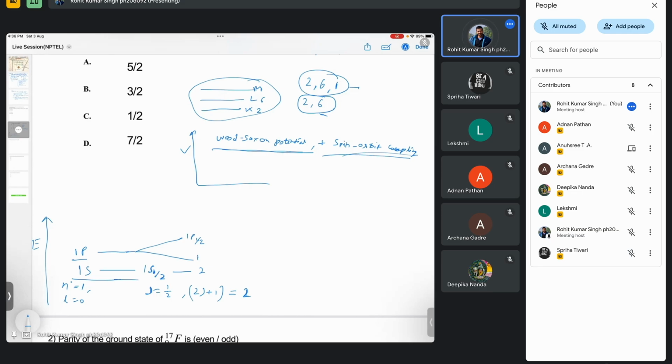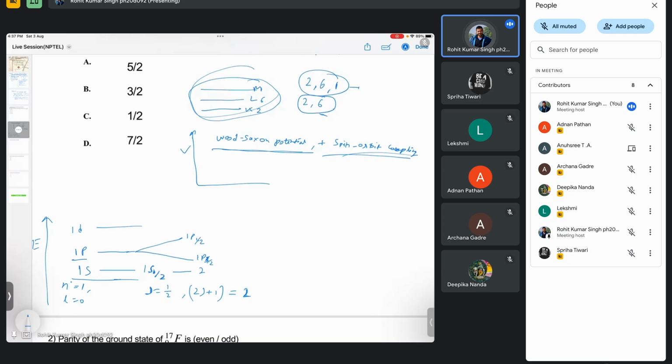And you get 1p 3/2. So like this, you have further high energy states, and they also split accordingly, and you get the shell structure that you get in the atomic model.